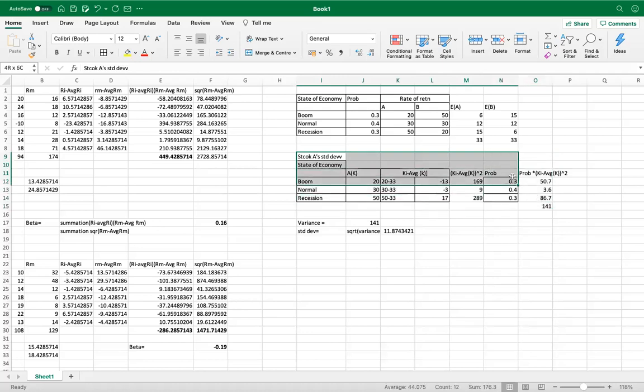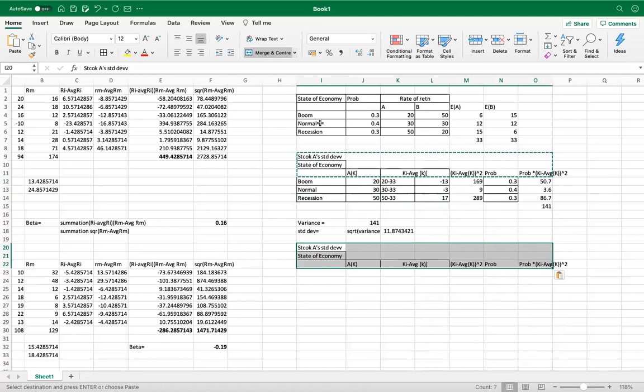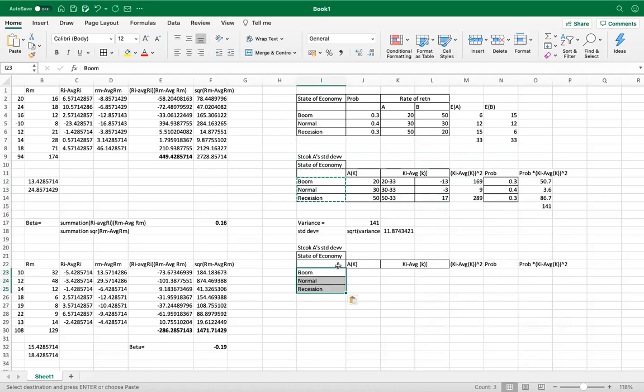Now let me calculate for stock B. I'll copy all these values and change it to B. So that is going to be 50, 30, 20.